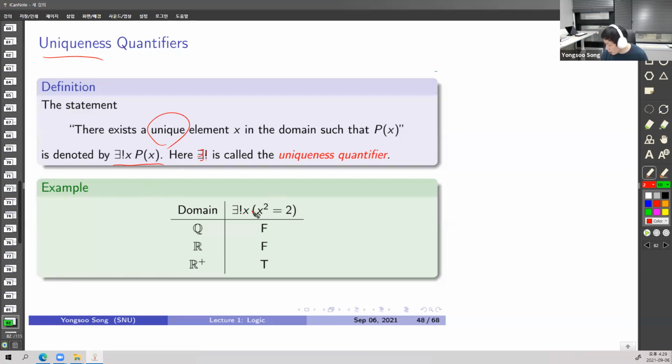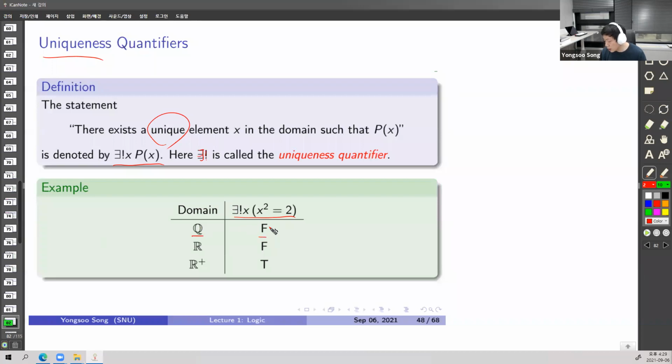And let's see if this proposition is true or not. So first of all, if the domain is Q, the set of rational numbers, this proposition is saying that there exists one and only one element in the set of rational numbers satisfying x squared is equal to 2.